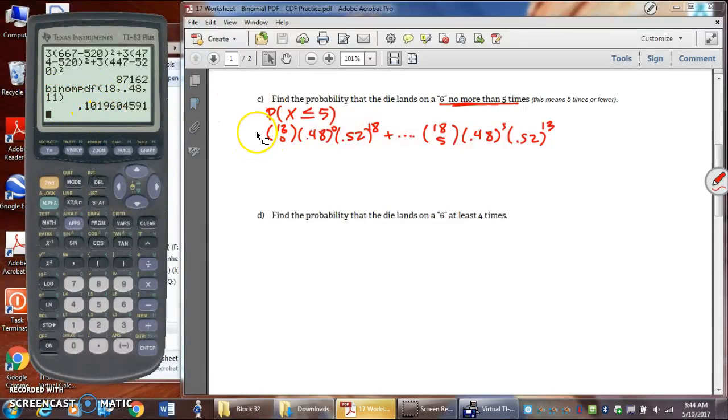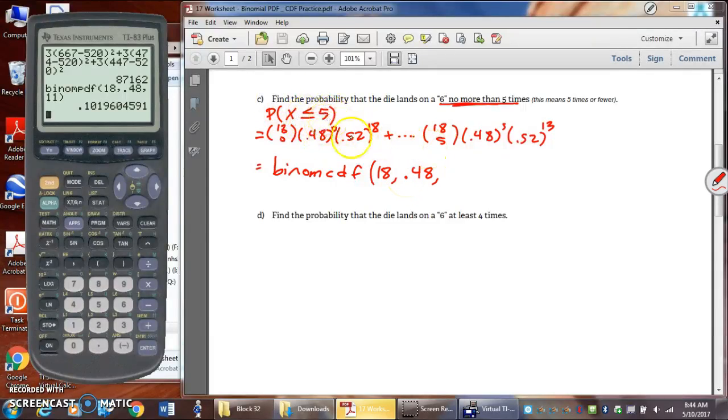Our calculator is designed in such a way that lazy people have a quicker way to do things. So binomcdf is for lazy people like us when we don't want to do all of those individual things and add them together. So what we're going to do is go to binomcdf. Binomcdf is when we want less than or equal to, which is what we want here. It takes the same three things, so n, comma, p, and then x is what we want it to go up to.